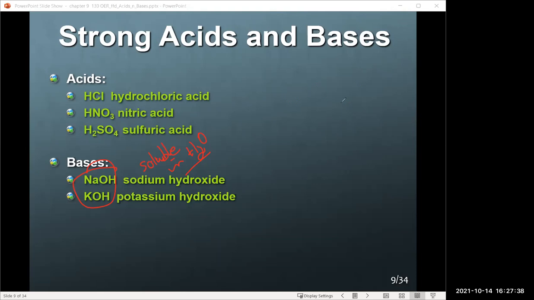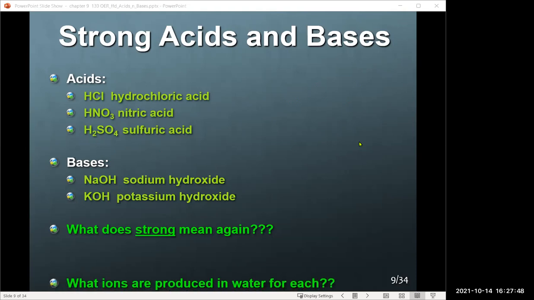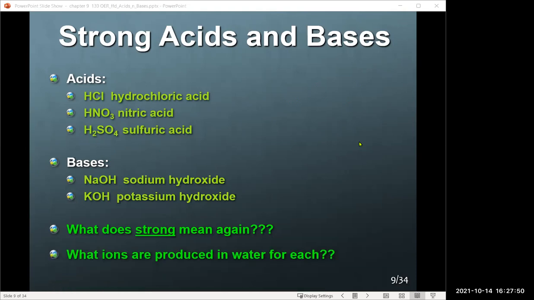They're weak electrolytes, which are governed by their solubility. Okay, and so here, what strong again means is that they completely dissociate into their corresponding ions. Acids have the proton and the corresponding anion. And the bases, which are all ionic compounds, are just broken up into the cation and the anions, okay?